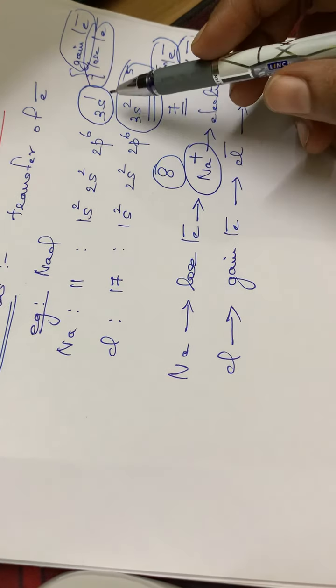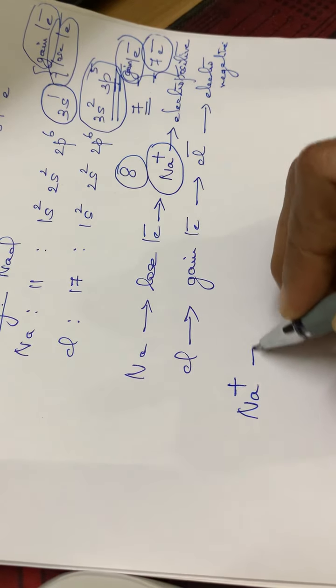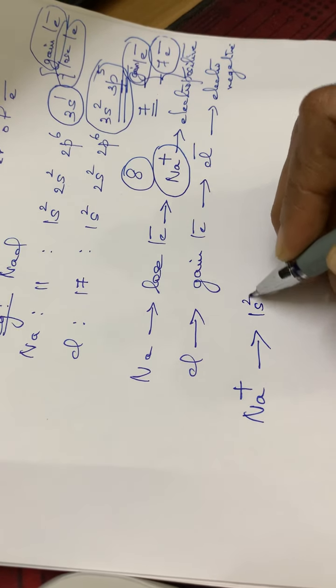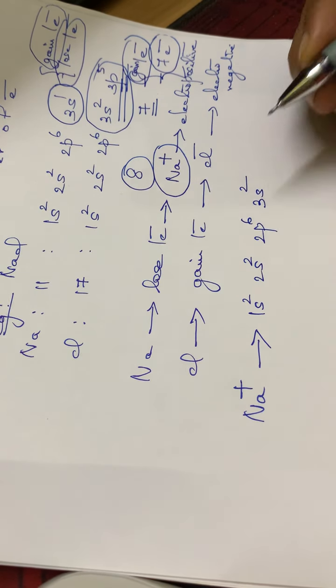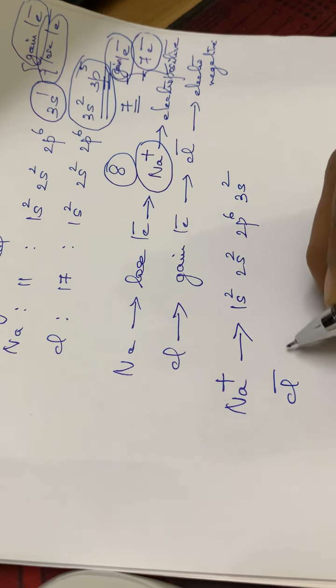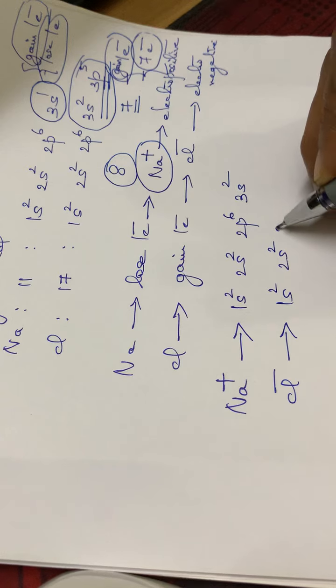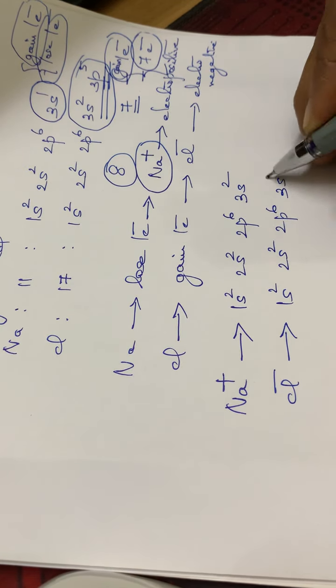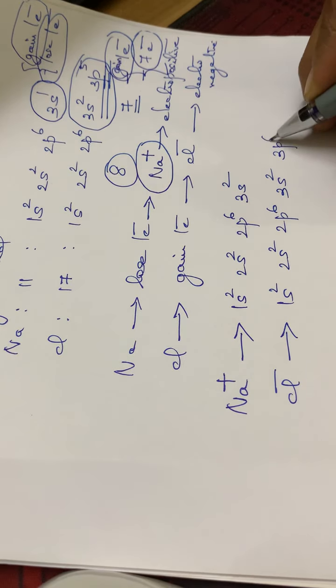By losing one electron, the configuration of Na plus becomes 1s2, 2s2, 2p6, 3s2. For the Cl minus ion, the configuration becomes 1s2, 2s2, 2p6, 3s2, 3p6, as one more electron is accommodated, so it becomes 3p6.